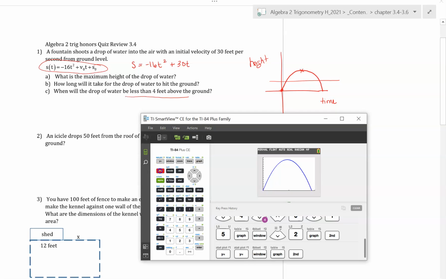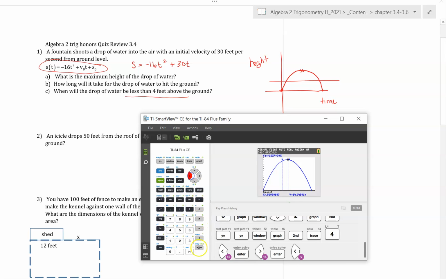So we need to find the maximum. So we'll calculate maximum. Make sure that you go left of that maximum y value and hit enter. Go ahead and move to the right of that maximum y value and hit enter again.